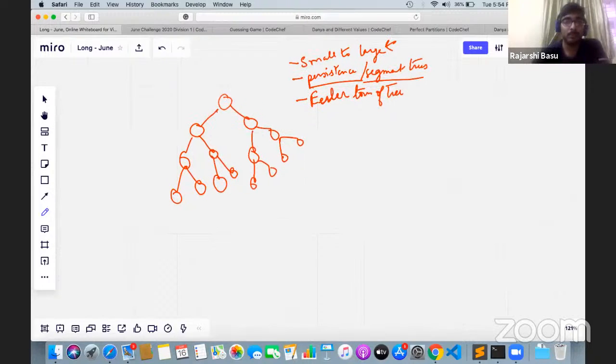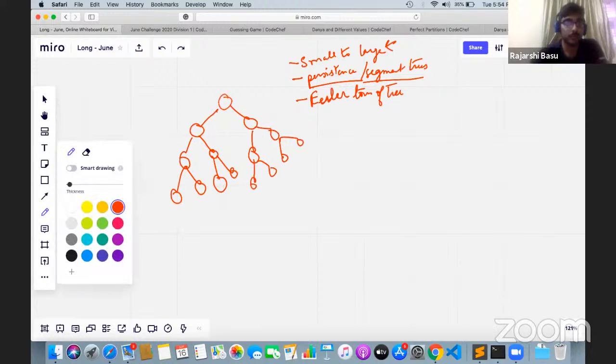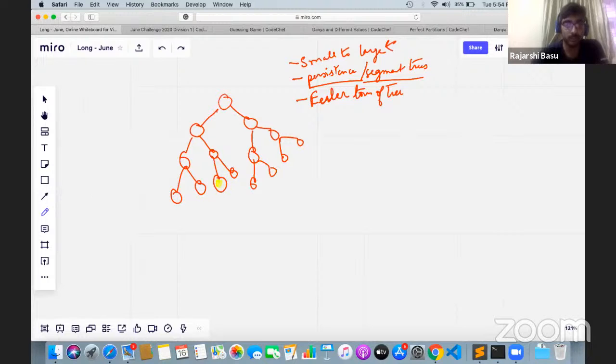So in the problem, every node has a color, right? So C1, C2, and so on. So let's say this is yellow.